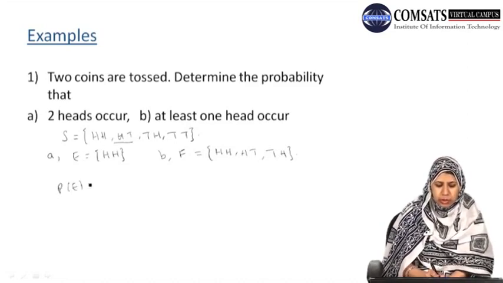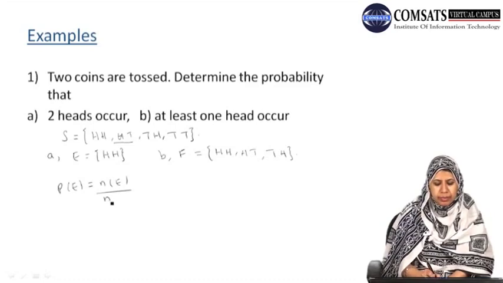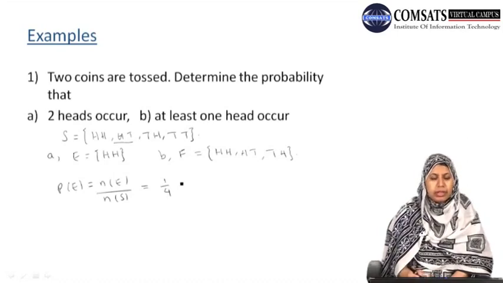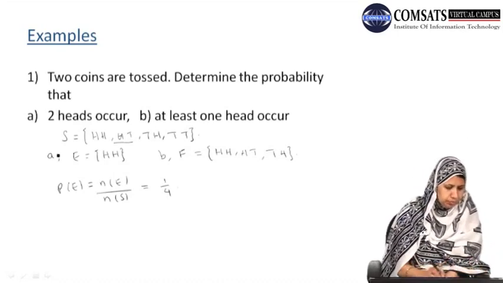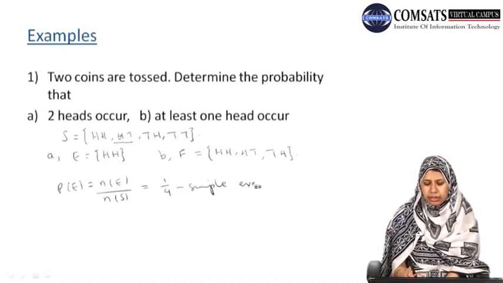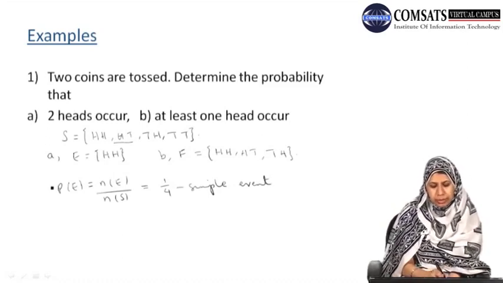So the probability of E will be calculated by the formula, that is the number of elements in our event E divided by the number of elements in our sample space S, which is equal to 1/4. This is an example of a simple event, and we have calculated the probability of the simple event by using our formula.